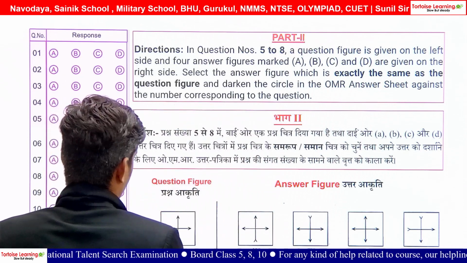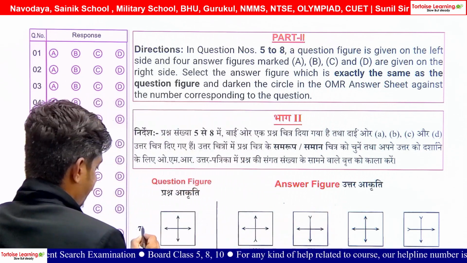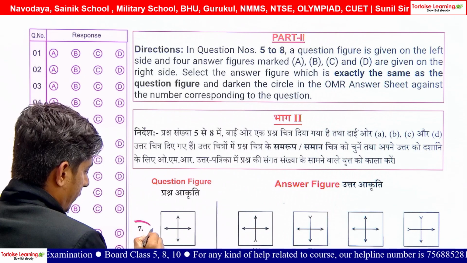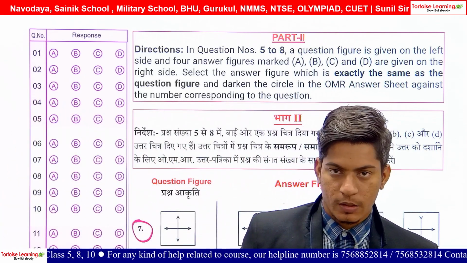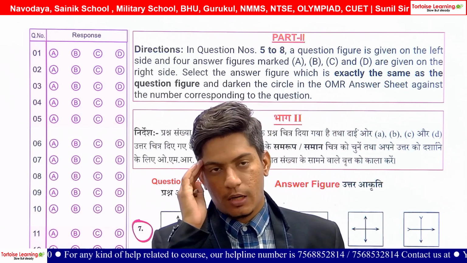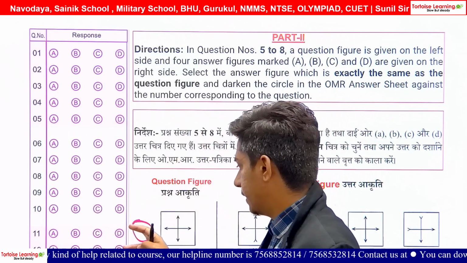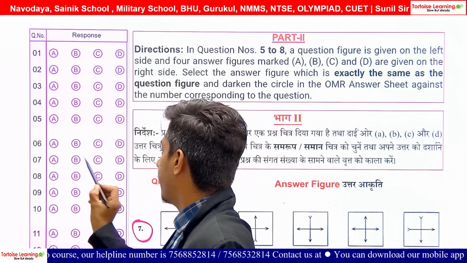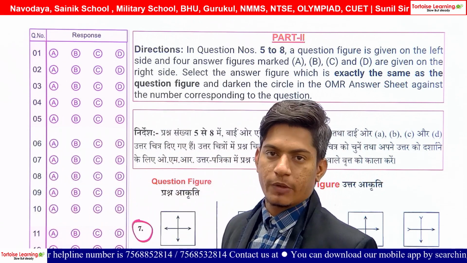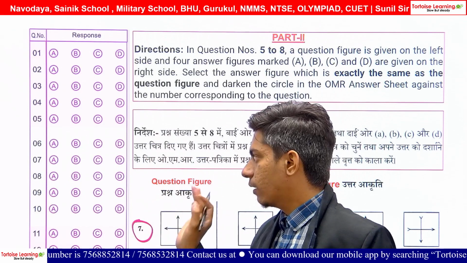If I want to skip this question, I will make a circle. The reason is that in my mind I will think the 7th question is not attempted, and I have to keep this 7 empty until I correct the answer.